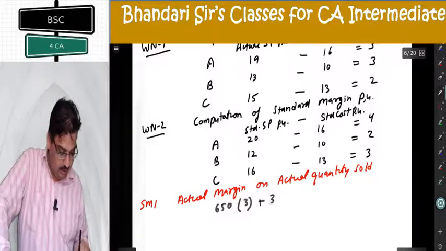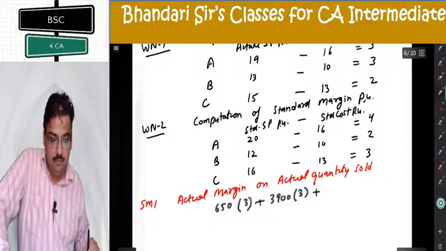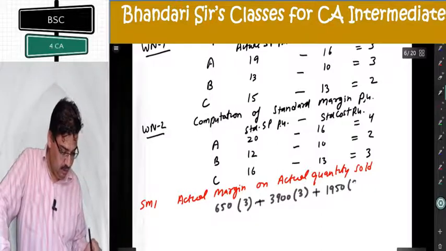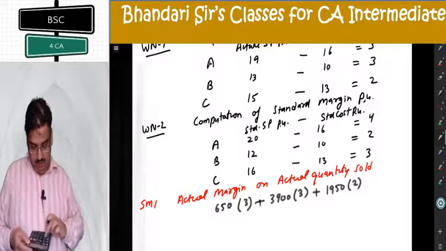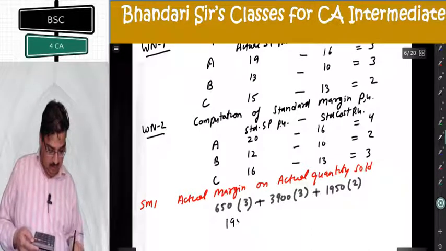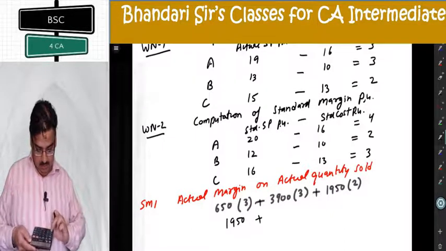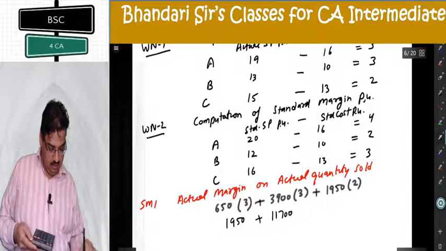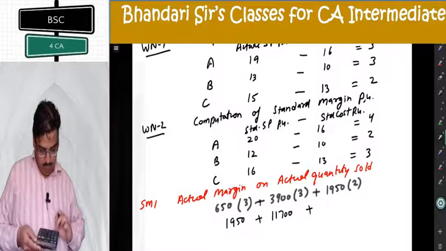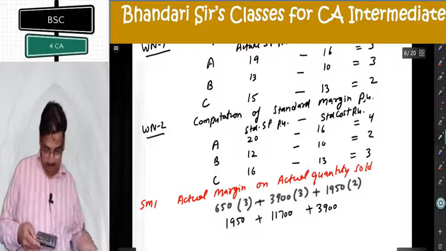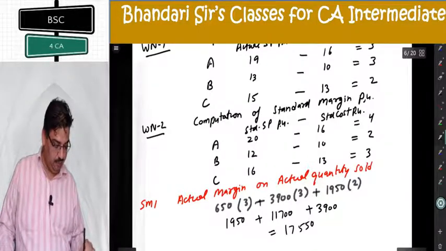There is 3900, margin of 3 again, and 1950, margin of 2. 650 into 3, 1950, plus 3900 into 3, 11700, 1950 into 2, 3900. I hope you are getting 17,550.